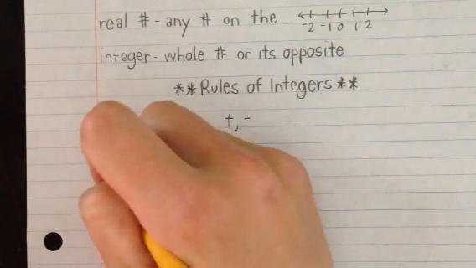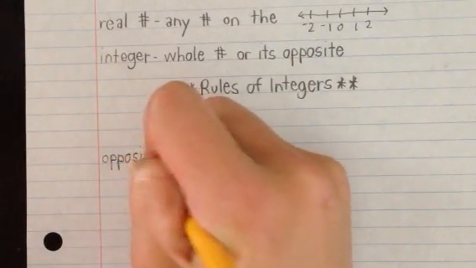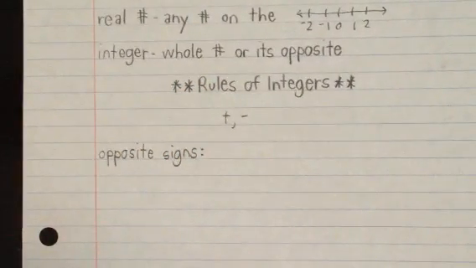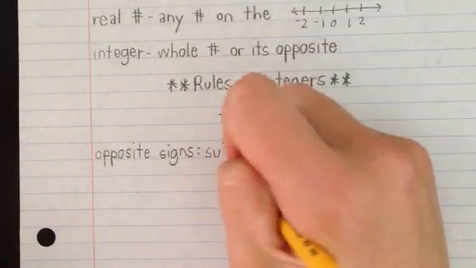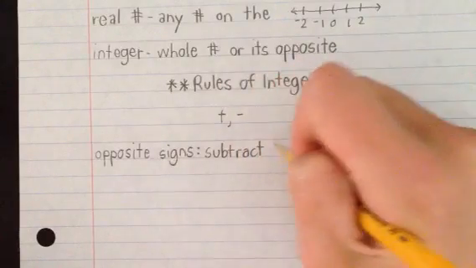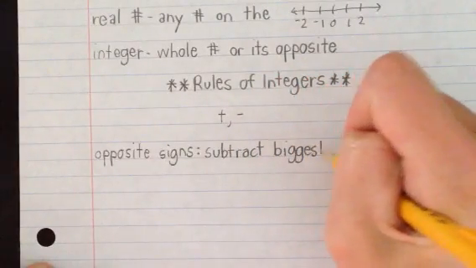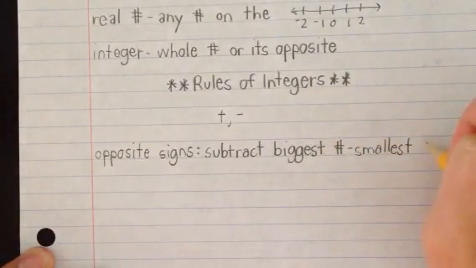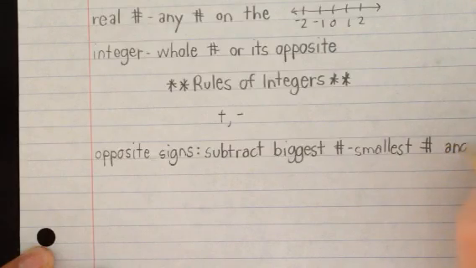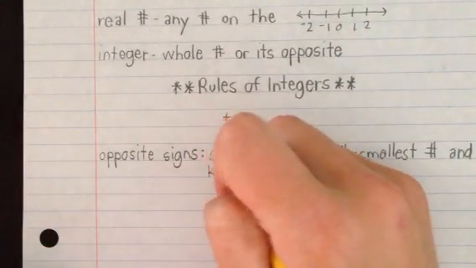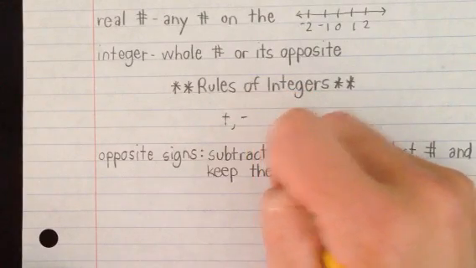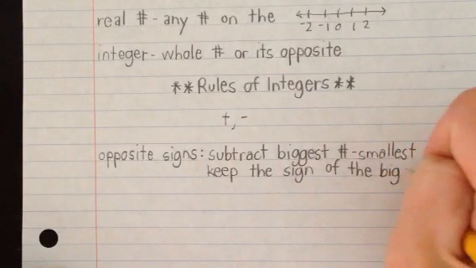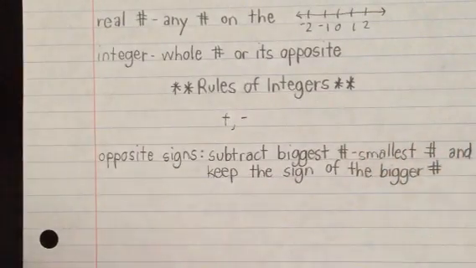So when you're adding or subtracting with opposite signs, so in other words, one's positive, one's negative, or one's negative and one's positive, what you're going to do is you're going to subtract the biggest number minus the smallest number, and keep the sign of the bigger number. All right?